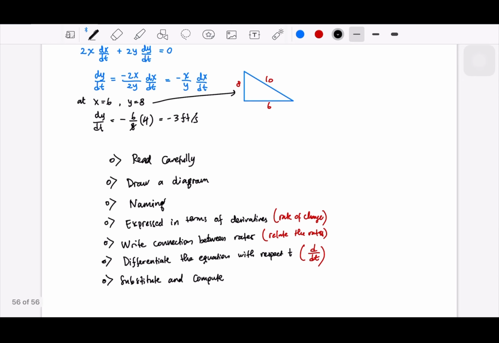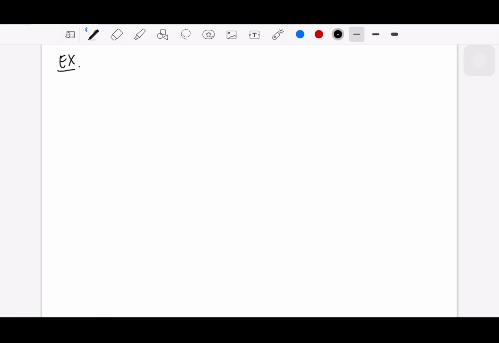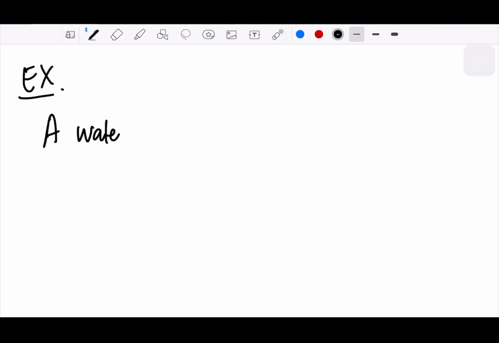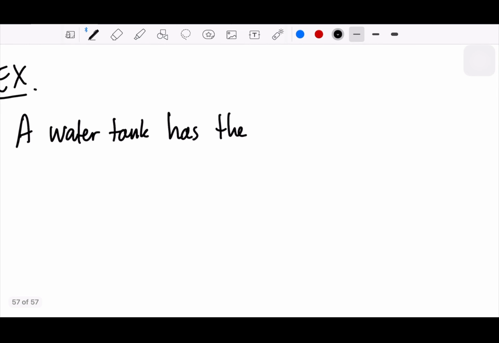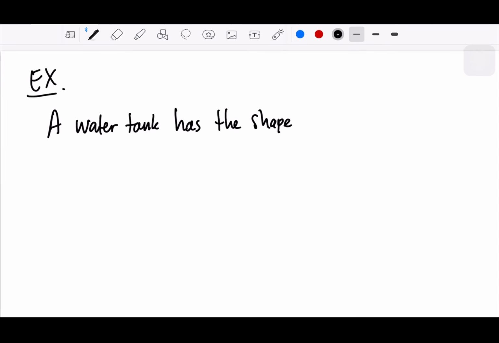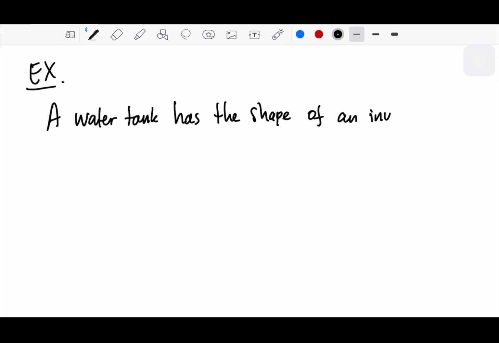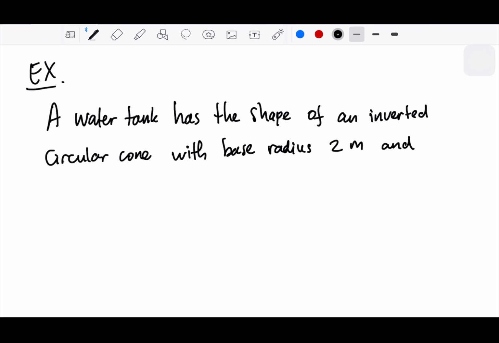Okay, let me give you an example. A water tank has the shape of an inverted circular cone with a base radius 2 meters and height 4 meters.